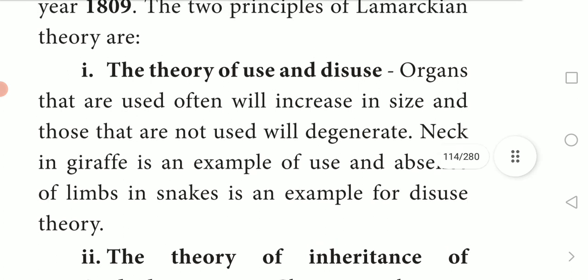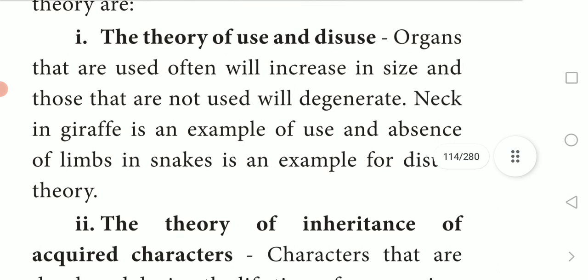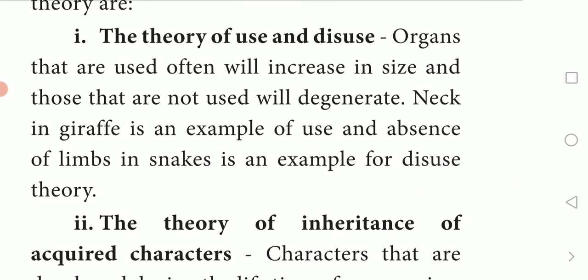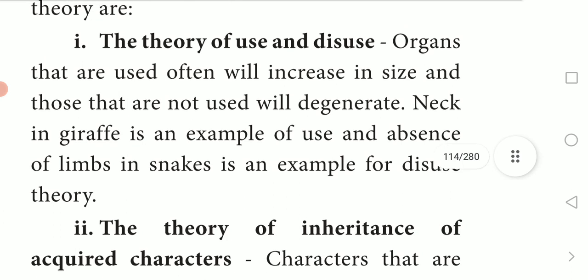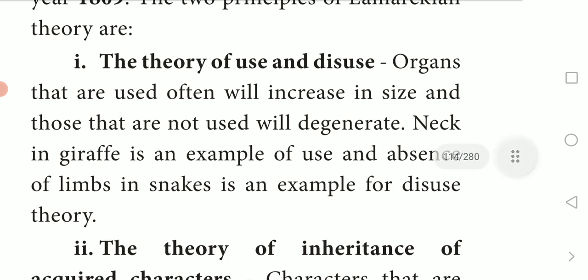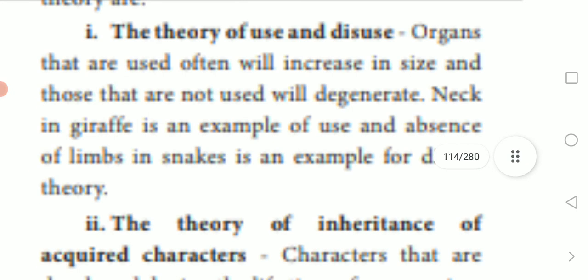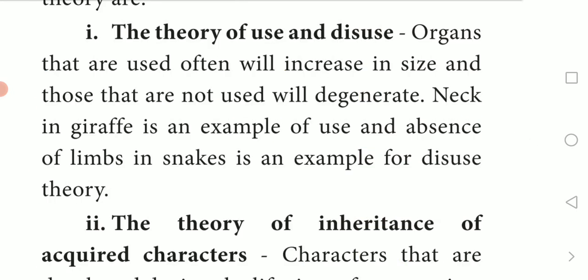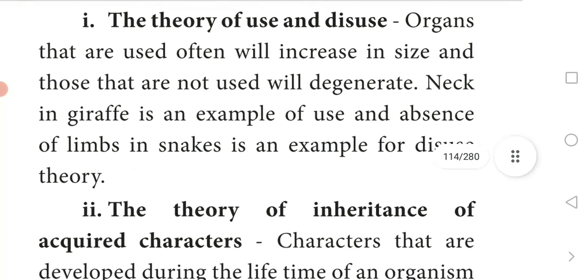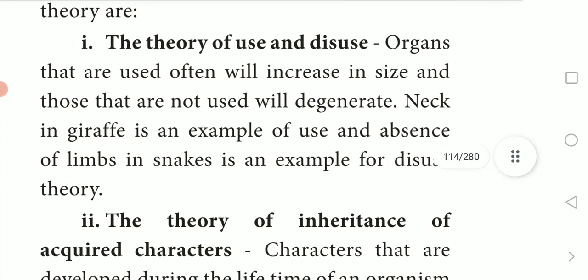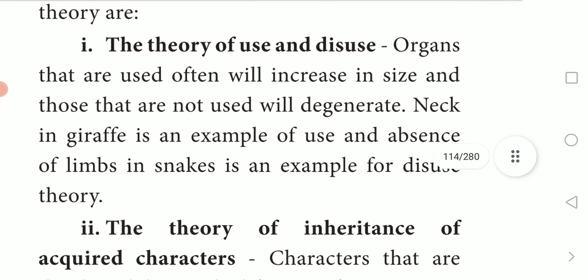Jean-Baptiste de Lamarck was the first to postulate the theory of evolution in his famous book called Philosophie Zoologique in the year 1809. Lamarck published one book, and that book name is Philosophie Zoologique. This is an important one-word answer they'll ask you, with the year 1809.